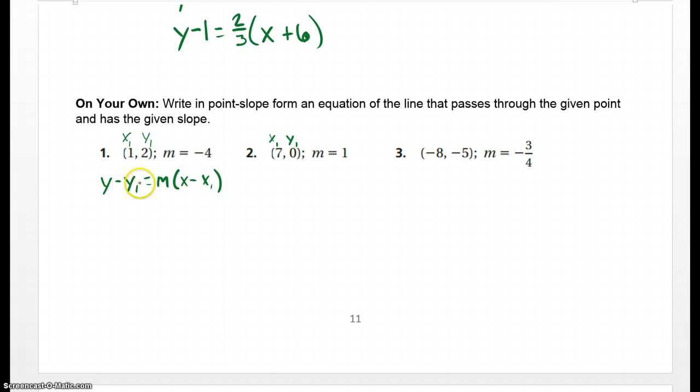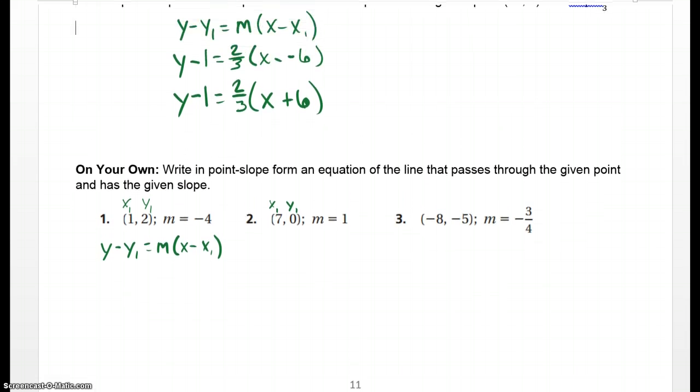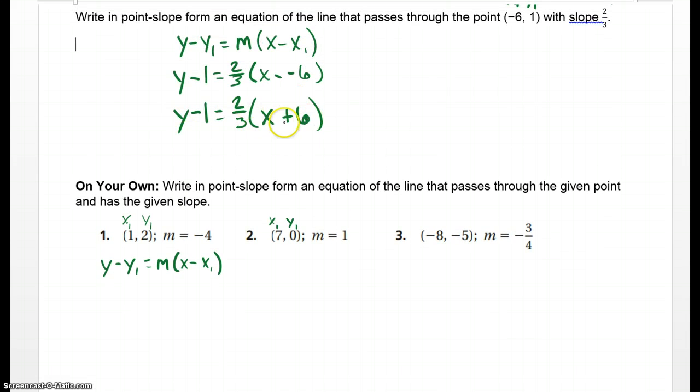Fill in the parts. You fill in the y1, you fill in the m, you fill in the x1. And all you have to do, just like on this example here, you stop right here. You're going to put y up here, x here, fill in the rest with numbers. If you have a minus and negative, please take care of that and make it a plus.